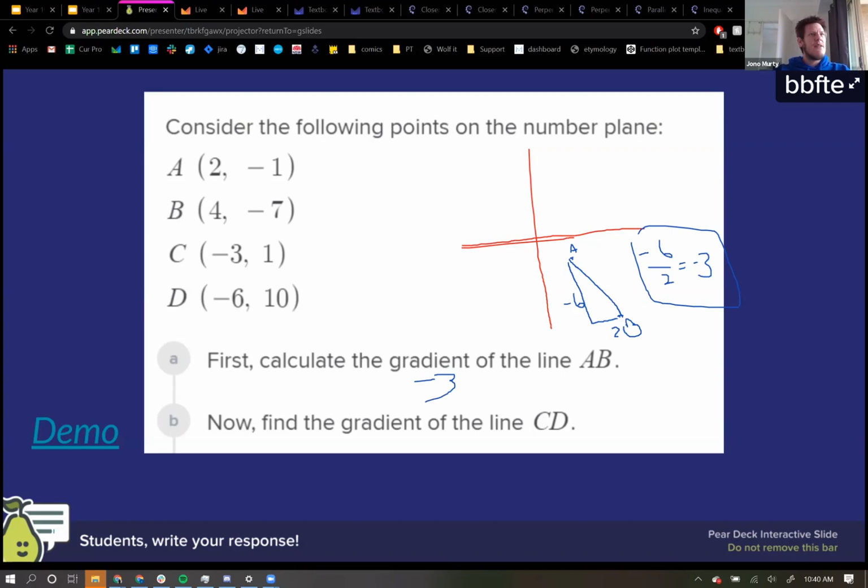Okay, what's happening with negatives? Quickly using the formula, I've got -7 minus, all right, yeah. So here, 4 is greater than 2, so I might as well think of this as x2 in this case, and this is x1. -7 minus -1 over 4 minus 2 gives me -7 minus -1 is -6 over 2 equals -3.